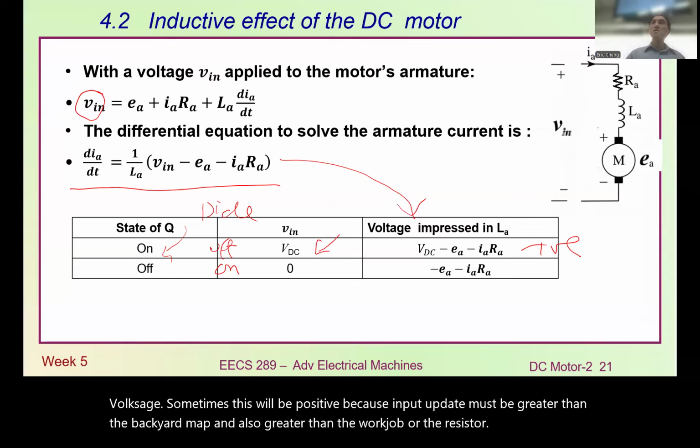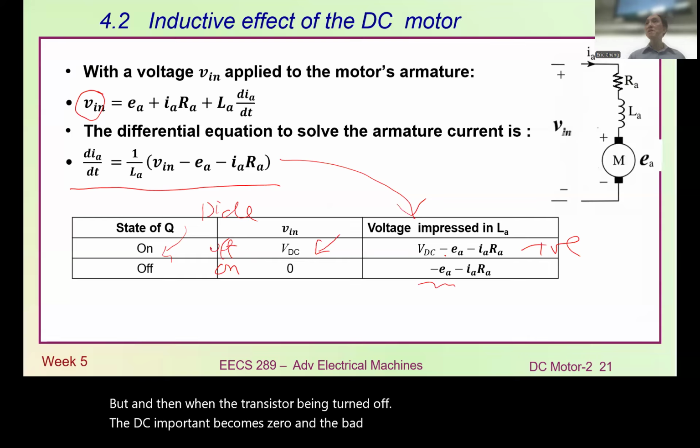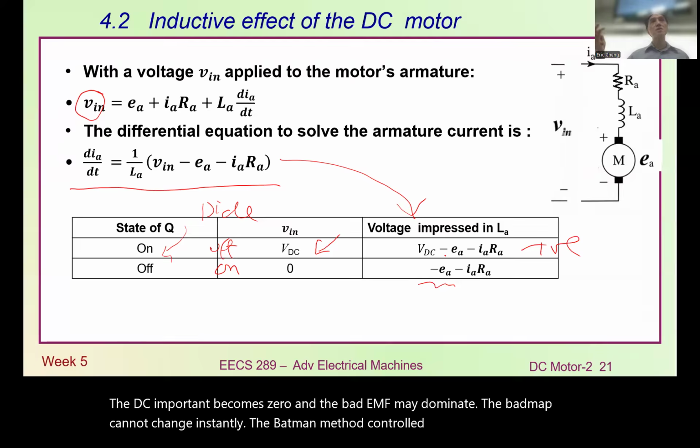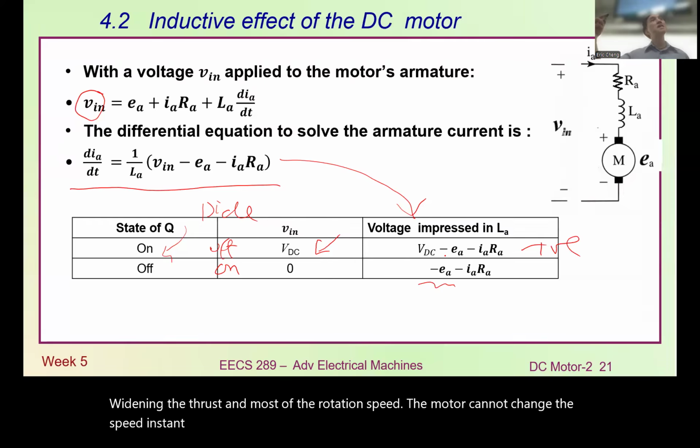And then when the transistor is turned off, the DC input voltage becomes 0, and the back EMF may dominate. The back EMF cannot change instantly. The back EMF is controlled by the internal winding, the flux, and also the rotational speed. The motor cannot change the speed instantly. It still continues to produce voltage within milliseconds. So that's why the voltage is still negative.